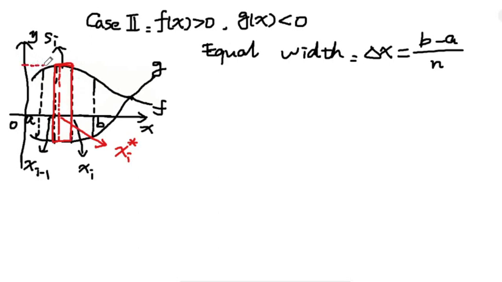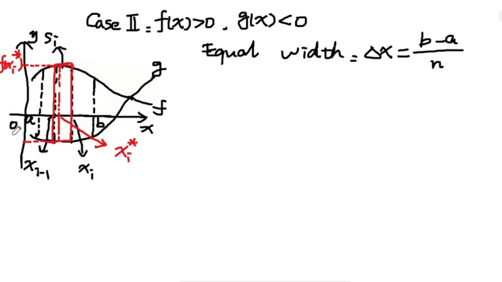Now, what is the y value here? When the x value is x_i star, then the function value will be f(x_i star), because this point is on the function curve f. And then this is the function curve g. Then what is the function value here?